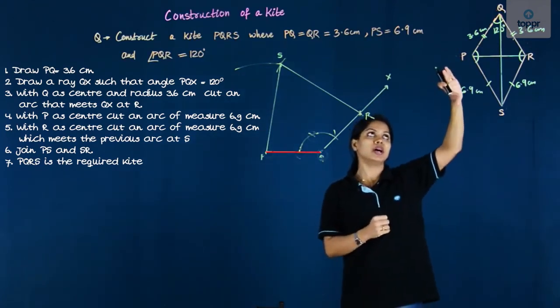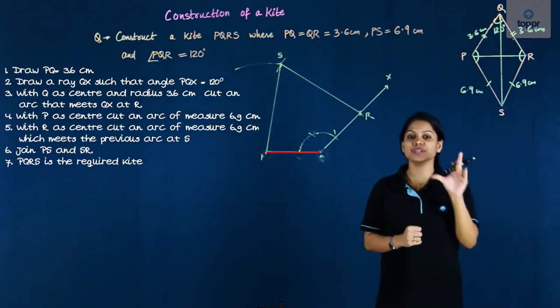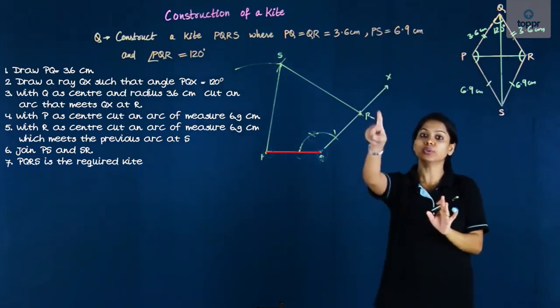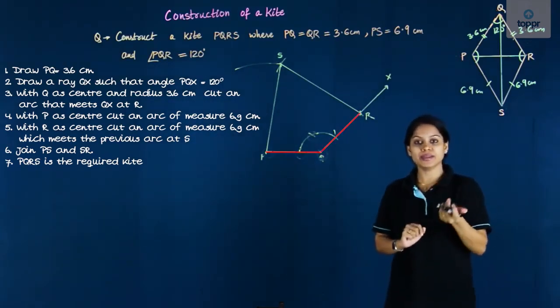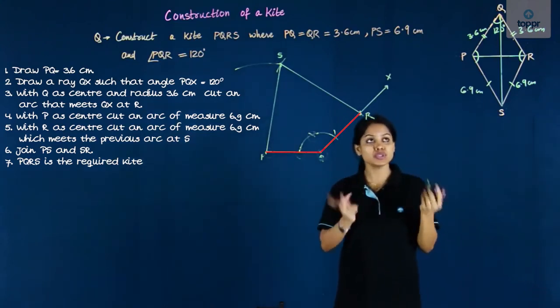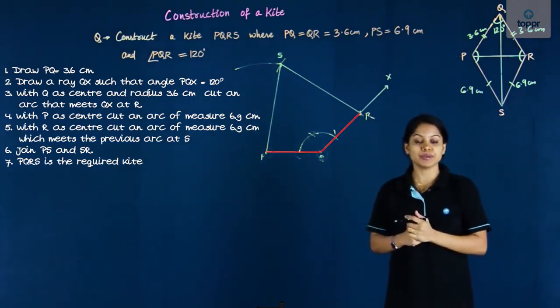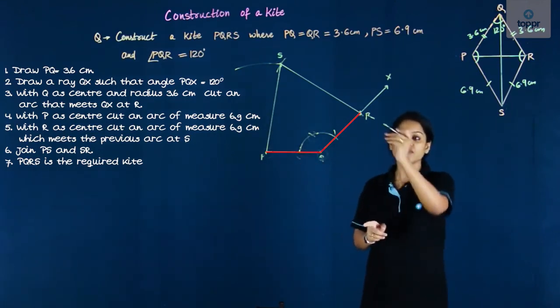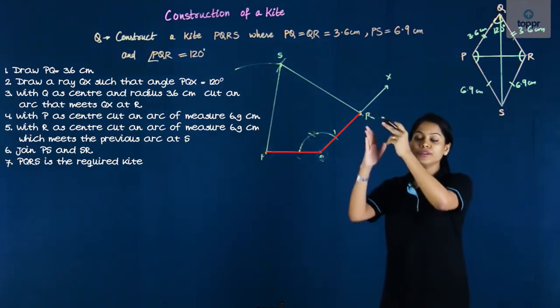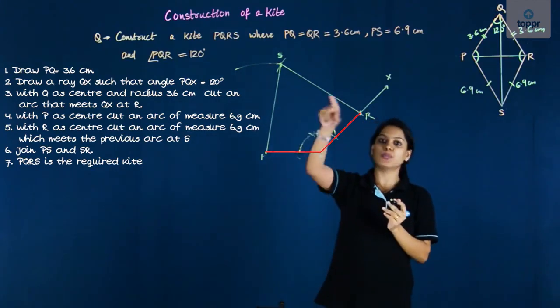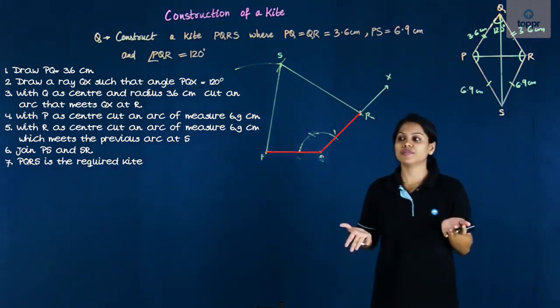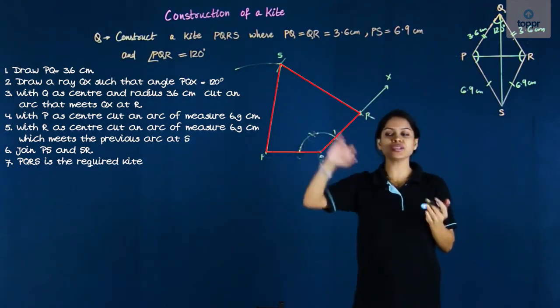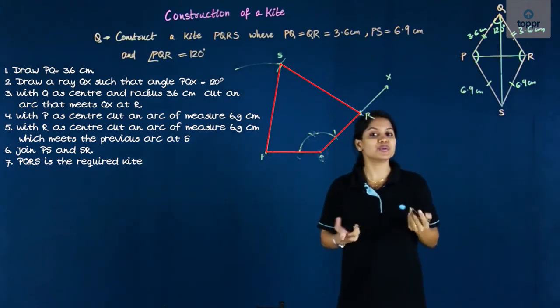After that, we cut an arc of measure 3.6 centimeters with Q as the center to get the point R. And then we cut two more arcs, each of measure 6.9 centimeters, once with P as the center and the second time with R as the center. Wherever the two arcs met was the point S. All we need to do after this is join PS and RS to get the kite PQRS here.